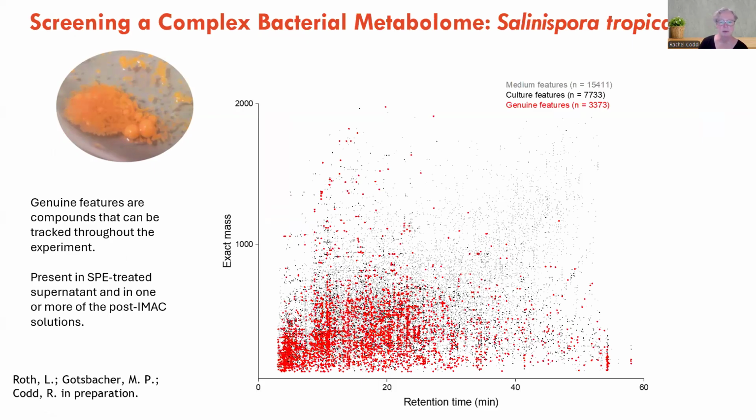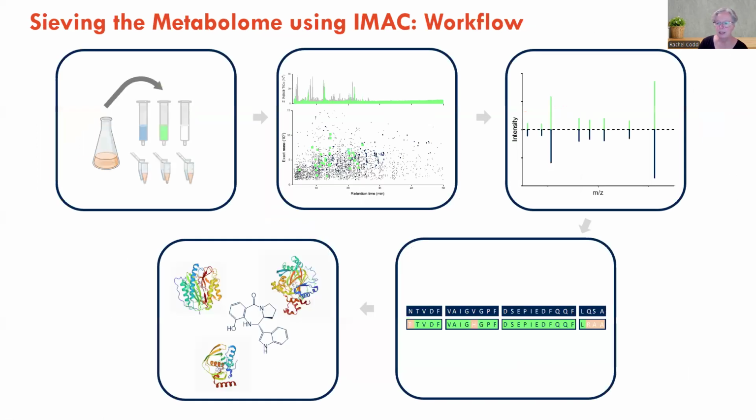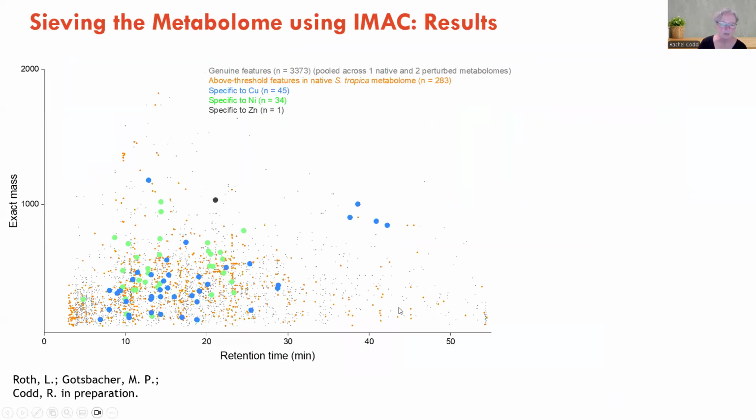So just to skip through this, we are using this method to actually screen whole metabolomes. And we've gone back to Salinispora tropica, using a workflow where we use the IMAC resins and we can map out enrichment, match mass spec patterns to calculated patterns, and then identify compounds and go into genomes and actually de-replicate and discover novel compounds.